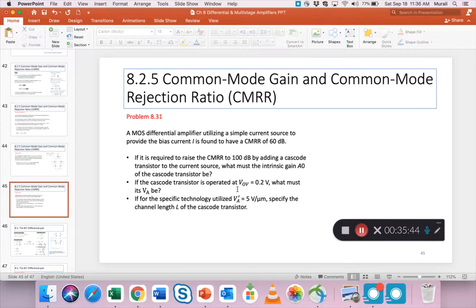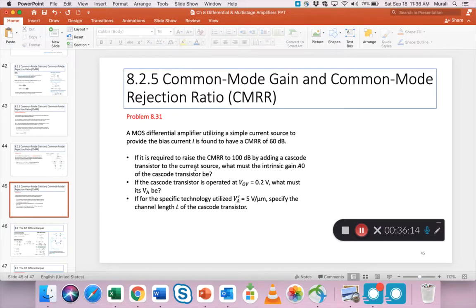Problem 8.31 next. A MOS differential amplifier using a simple current source to provide the bias current is found to have a CMRR of 60 dB. If it is required to raise the CMRR to 100 dB by adding a cascode transistor, what must be the intrinsic gain AO of the cascode transistor?